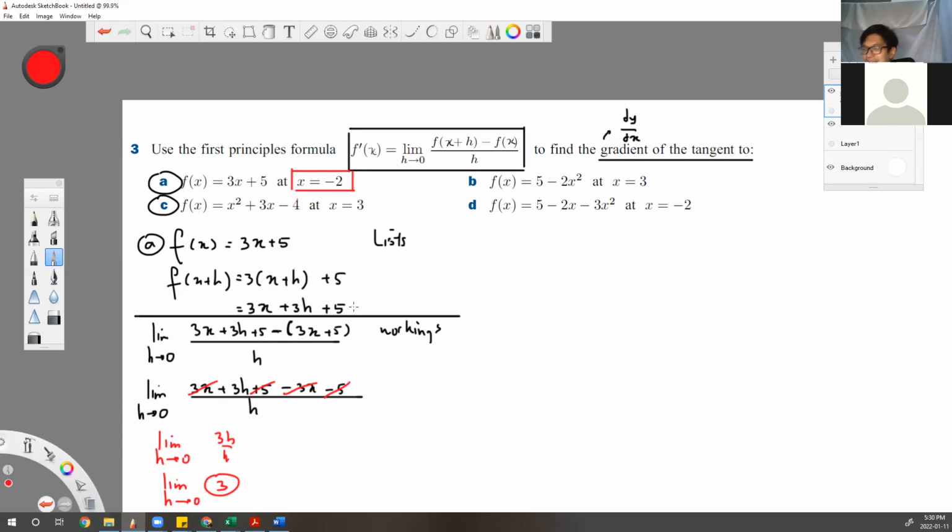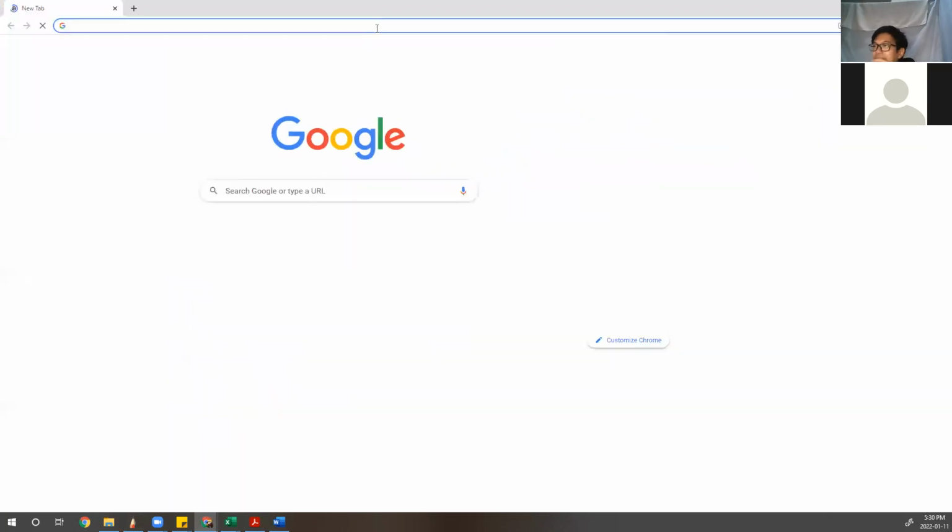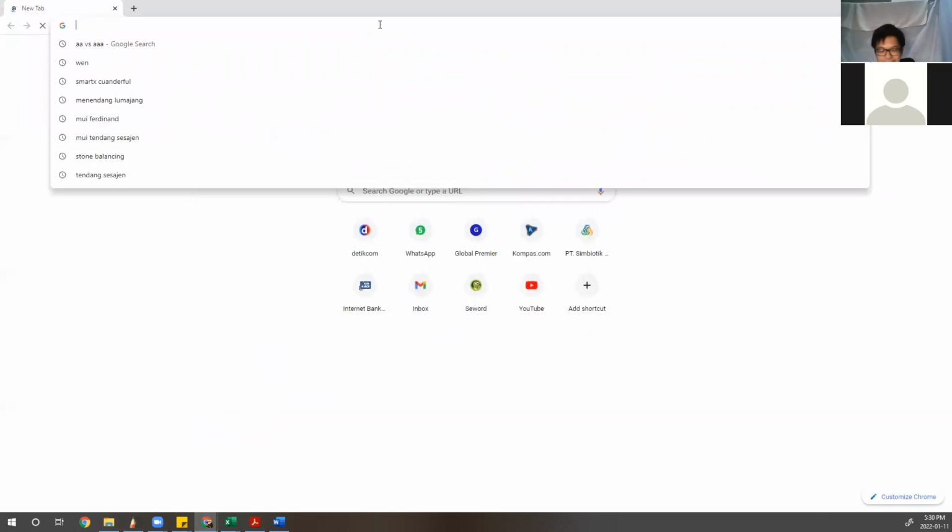Nothing to do with the negative 2 because we don't have the value that is in terms of x. So the answer is always 3. 3 consistent. If you want to see at the point here, what I want to show you later on is, bang. Okay, Desmos.